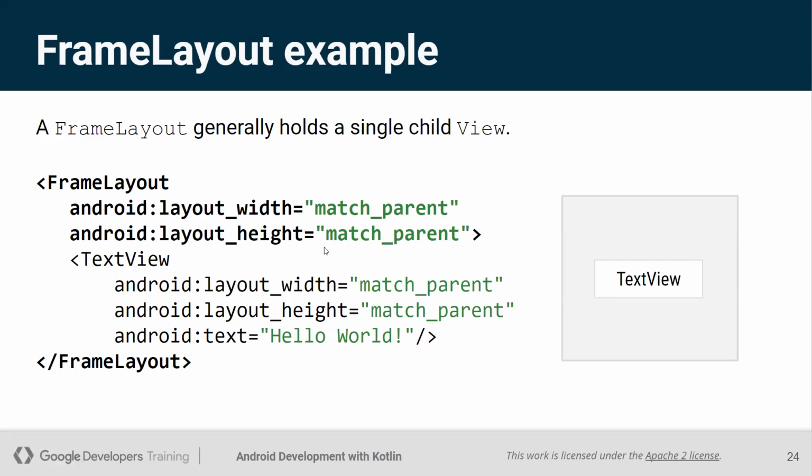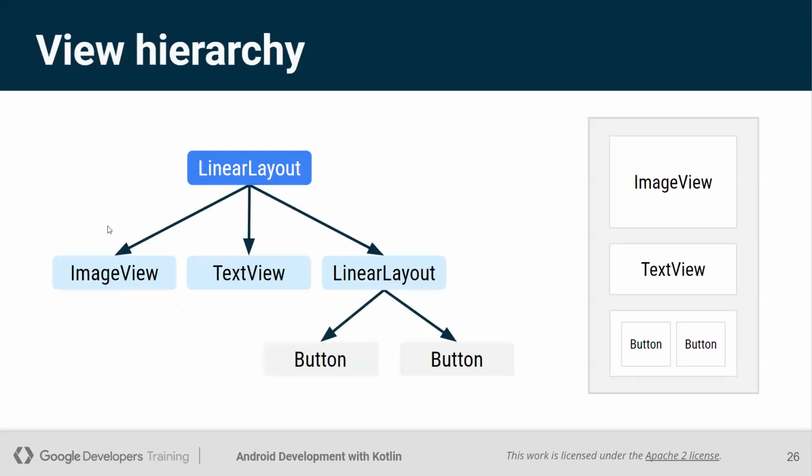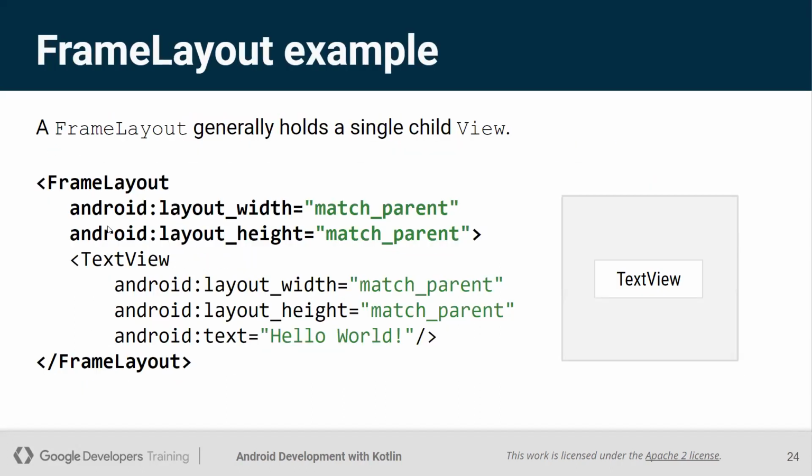The frame layout will be defined like this. The text view will have its layout width and height defined in the way we want, and we can define it as match parent if we want to match the width of the text view to the width of the parent.